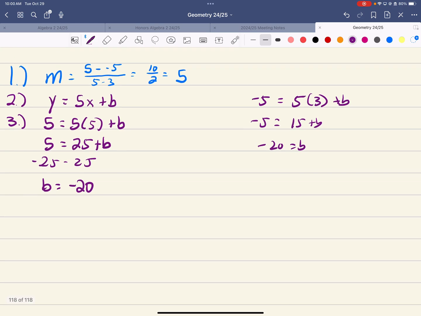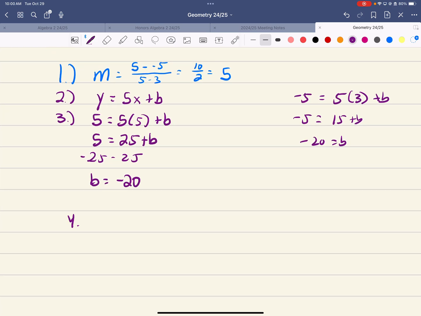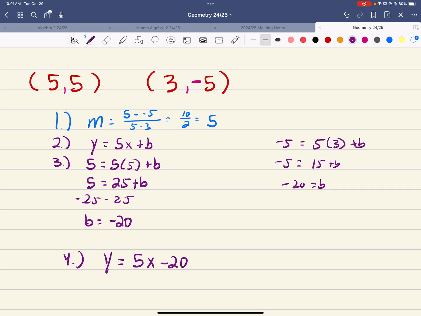So our equation for step 4, y is equal to my slope, 5x, -20. Any questions with this?